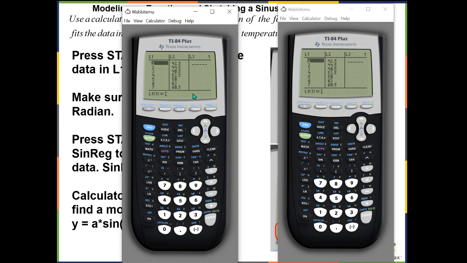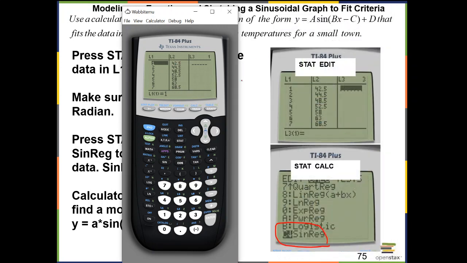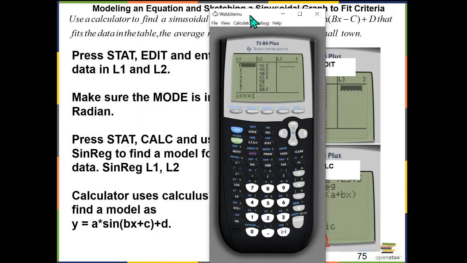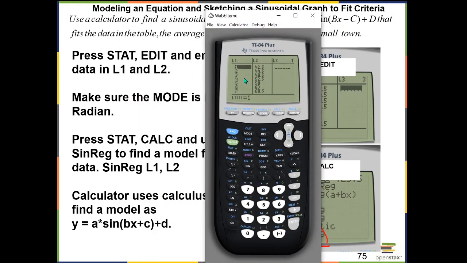So if you put the numbers in L1 and L2 in the calculator, you go to Stat, you go to Edit, and you put these numbers in L1 and L2. Then you can actually graph these points.